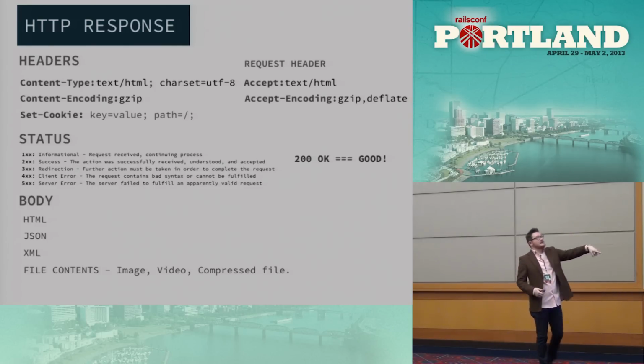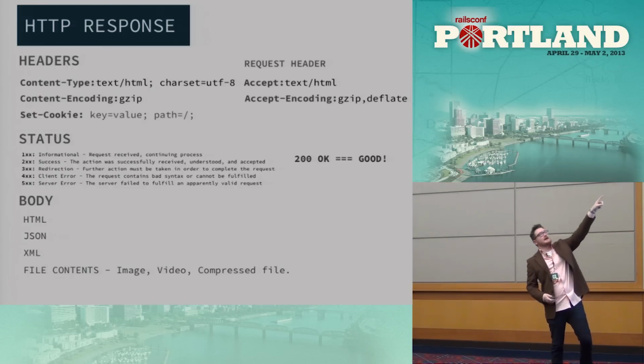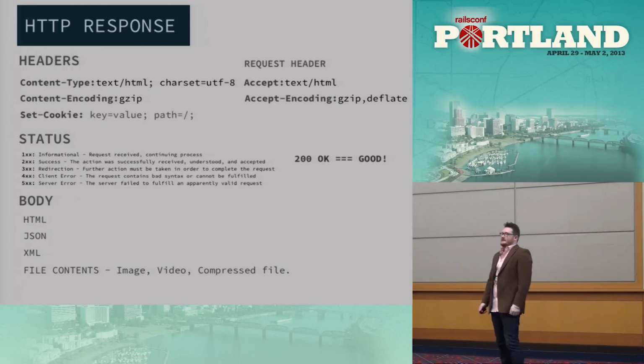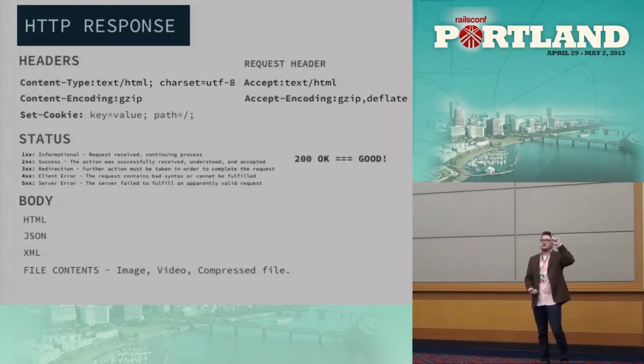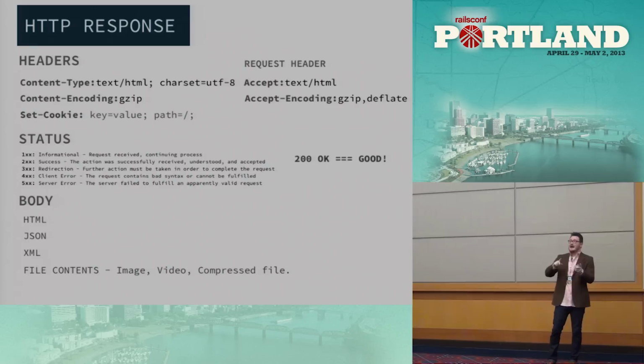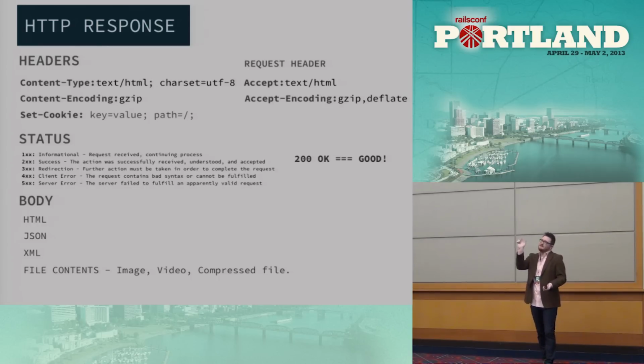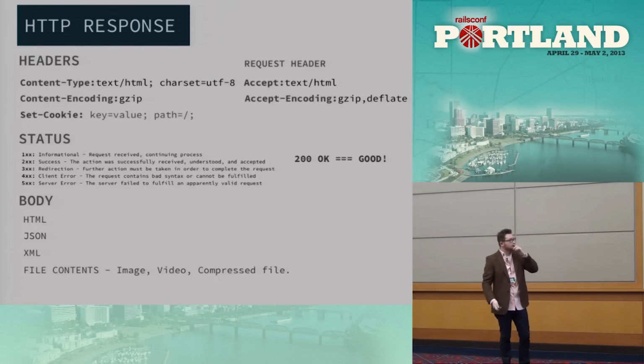So what is in the body, in combination with that content type that's coming back, is what lets the browser know, okay, this thing is supposed to be JSON, so I should do something with it in this way, or XML, or HTML, or whatever it might be. Or it's a video file, so we need to pop up a save as box or whatever for you. So when I talk about writing HTML to the body of the response, this is what I'm talking about. It is the payload that's being delivered back down to the client, to the browser.